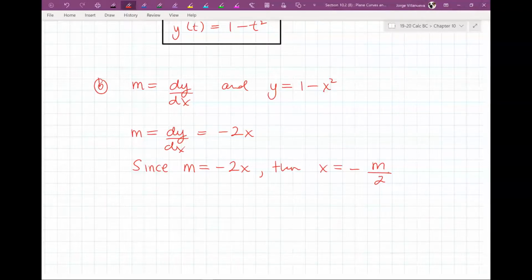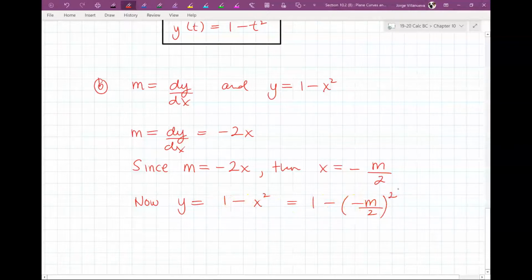Since x is equal to negative m over 2, I'm going to put y equal to 1 minus x squared, which is 1 minus negative m over 2 squared, which would be equal to 1 minus m squared over 4.